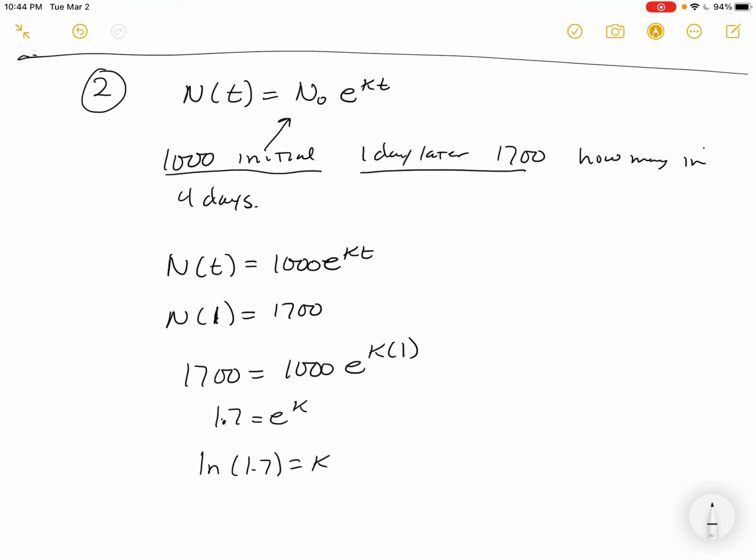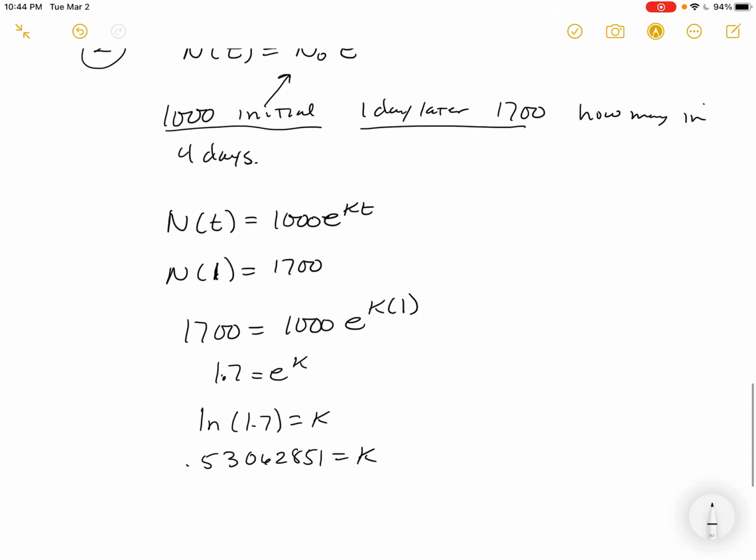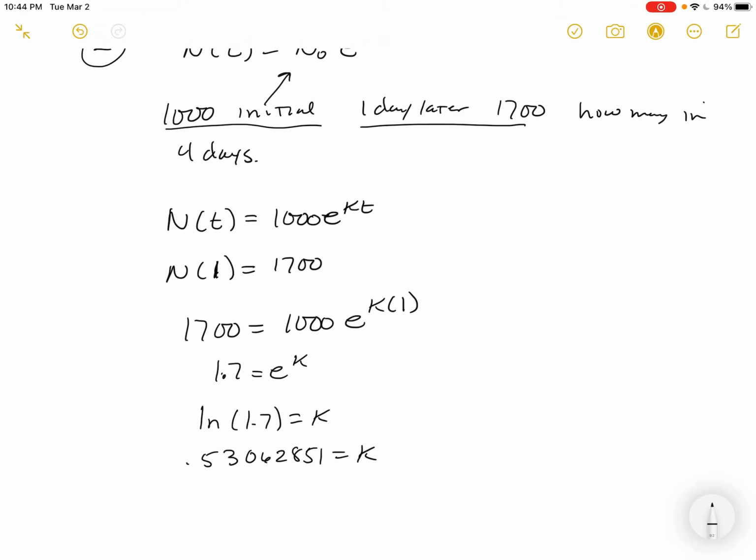Now, I don't know how many decimal places we should round to. Let's take a look. ln of 1.7 is 0.53062851, which is equal to k. Let's do what they modeled before, 4 decimal places. Maybe that's what they're doing.